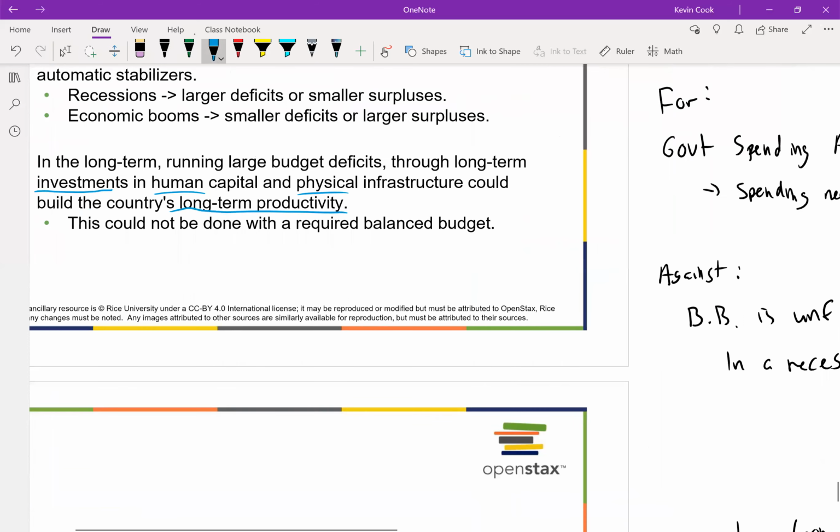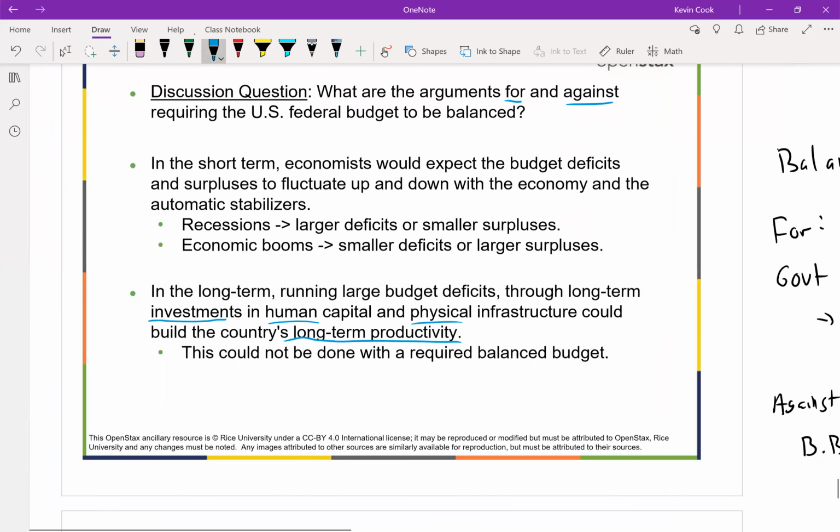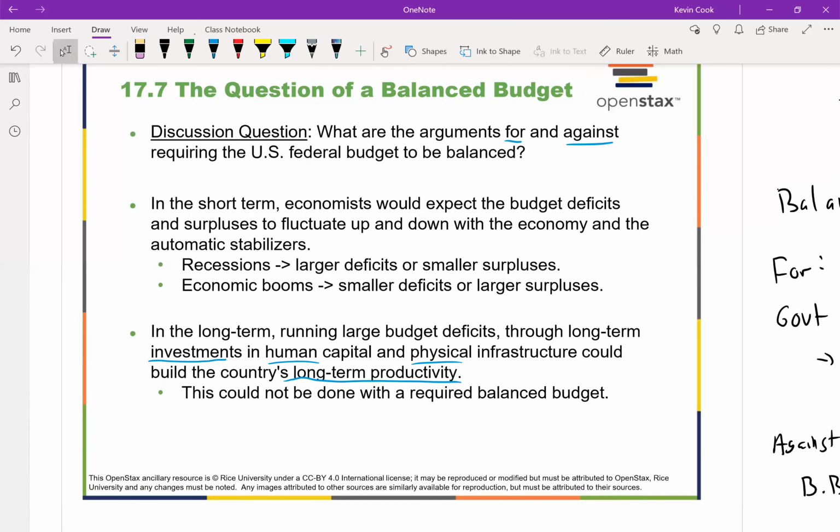So if the government invests in a new infrastructure, a new highway, or whatever the case may be, this piece of spending could actually end up increasing productivity more than the actual spending itself.